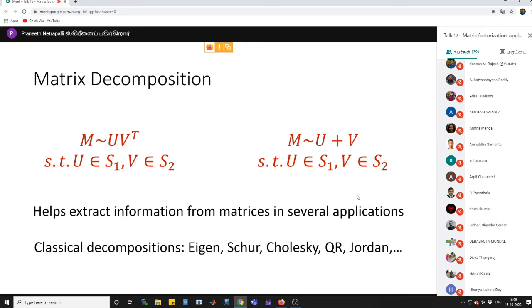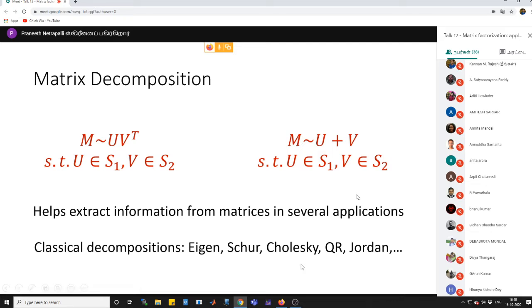Okay. Classically, there are several matrix decomposition approaches, including eigen decomposition, Schur decomposition, Cholesky decomposition, QR, Jordan, and so on. These are extremely elegant and have been very heavily used in several applications, right? But the kind of decompositions that we'll be looking at are especially related to singular value decomposition.